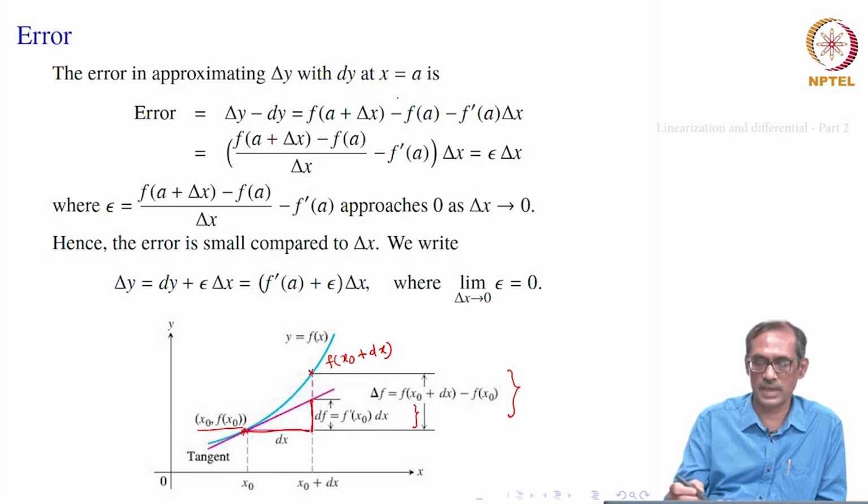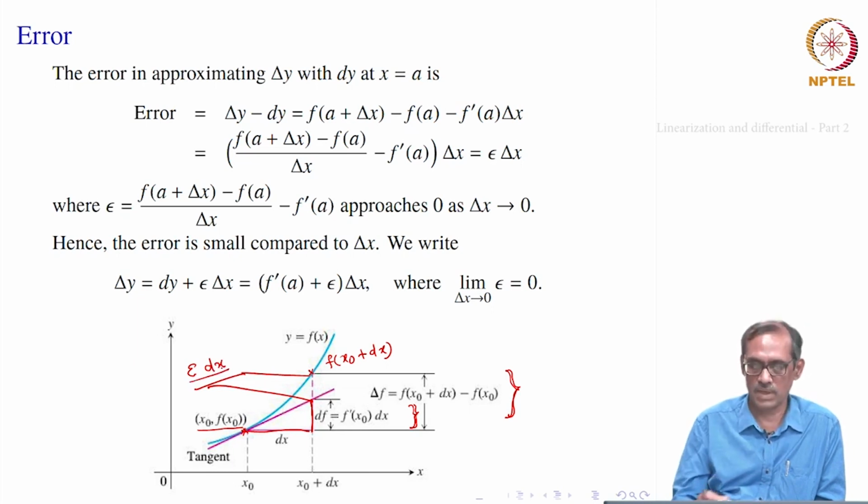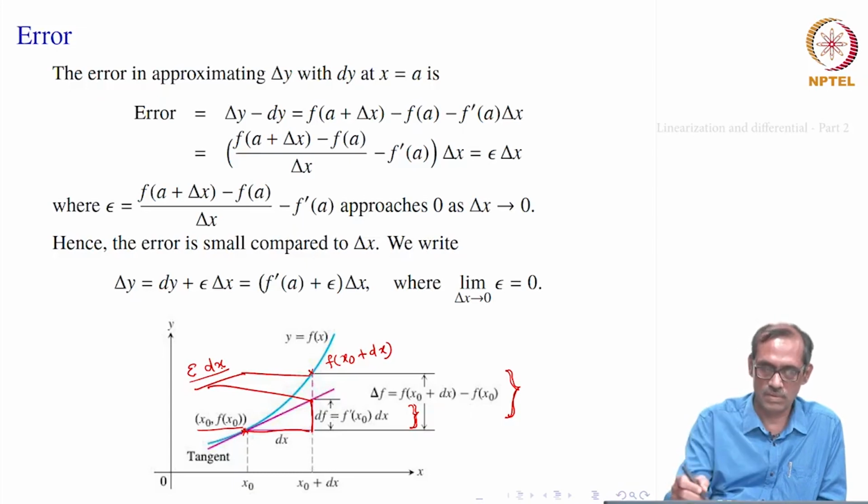So, all that we say here in the error is that we are approximating this bigger height with this much height. The remaining is the error, this one is the error, which can be expressed as epsilon times delta x, where epsilon goes to 0. That is how the error looks when you plot it in the graph.